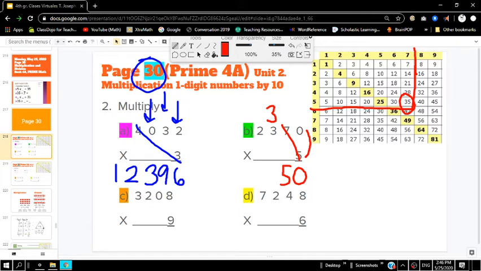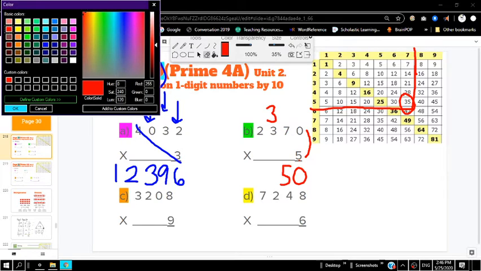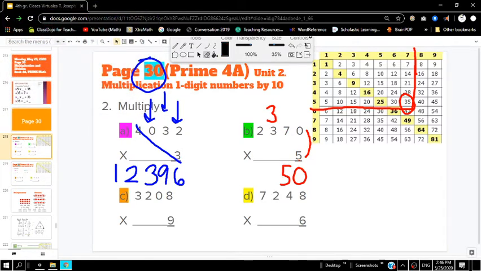Now what we're going to do is multiply 3 times 5. 3 times 5, let me change the colors so you guys can see this. 3 times 5 is 15. But what I need to do is add that number, which is on the top, to get the number in my answer blank. 15 plus 3 is 18.